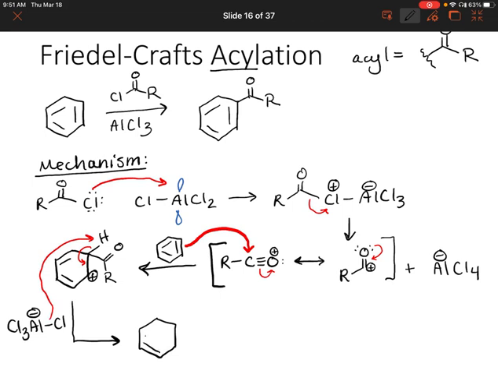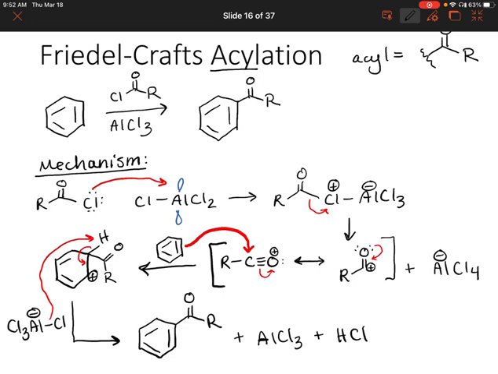And we get our final product. And remember that our group could be anything. It could be methyl, ethyl, propyl, etc. So you could add any sort of acyl group there to the ring. Now we're also going to reform our catalyst and a little bit of hydrochloric acid.